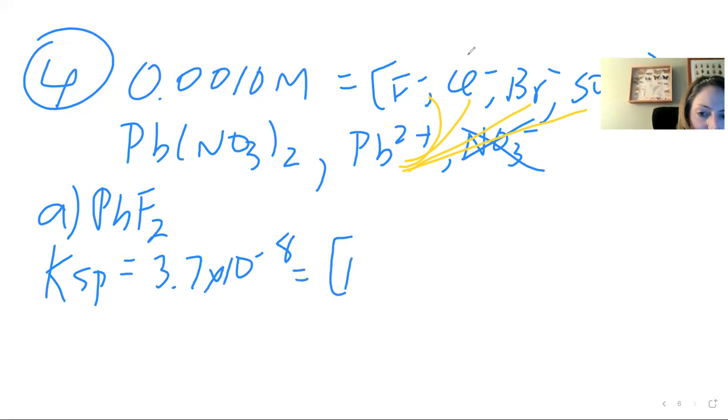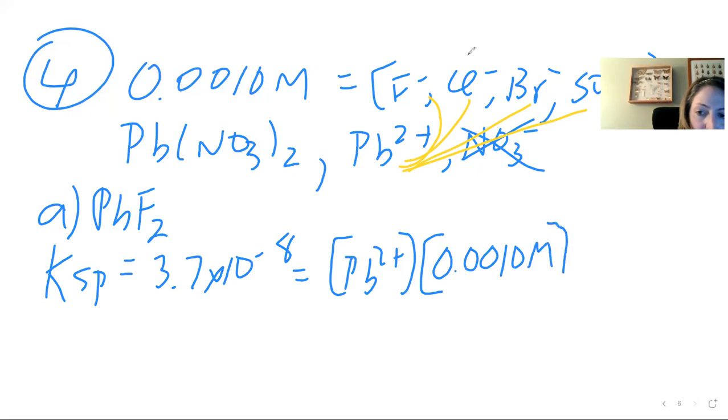And then I'm looking for the lead ions, but the fluoride ions have already been set to 0.0010, and I'm going to square it because of the 2. So the question was asked, can you just look at the KSP values? No. You really have to actually solve for the lead ion concentration. So if these anions are set, we're going to solve for the lead, and we're going to look for the smallest lead value.